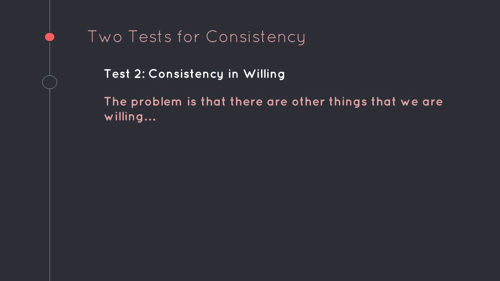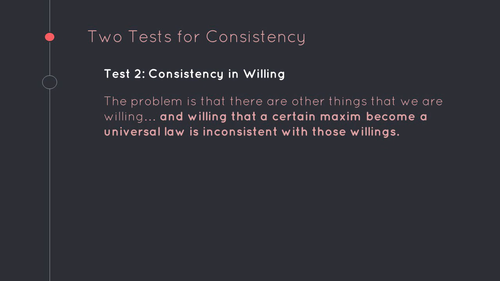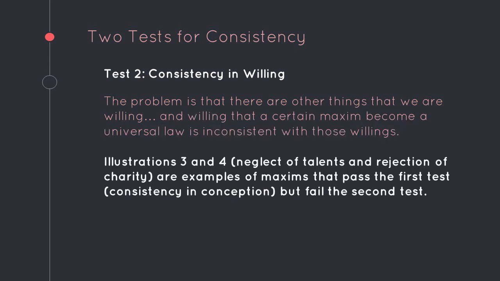So again, the problem is that there are other things that we're willing at the same time that we're trying to will that this maxim serve as a universal law. What we end up with is this inconsistency, that we're trying to will a certain maxim become a universal law, but that's inconsistent with other things that we're willing, and so it fails the second test.